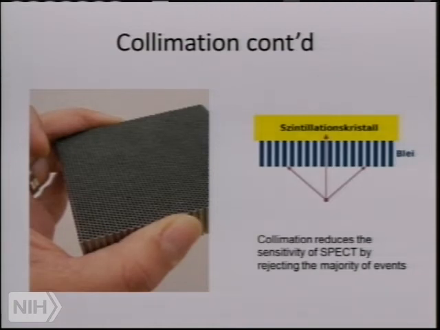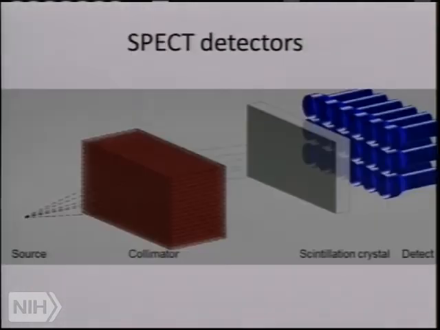You can only give a reasonable amount of radioactivity, which means that you have to open up your collimators a little bit to let more gamma rays in, which means that the resolution is not too good. So the vast majority of events that occur are not actually captured by the camera, probably less than 1% of the gamma events.